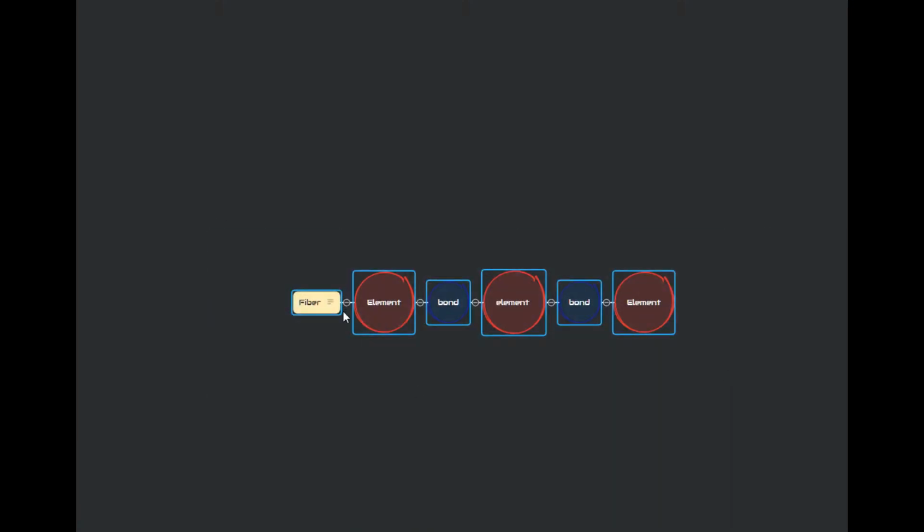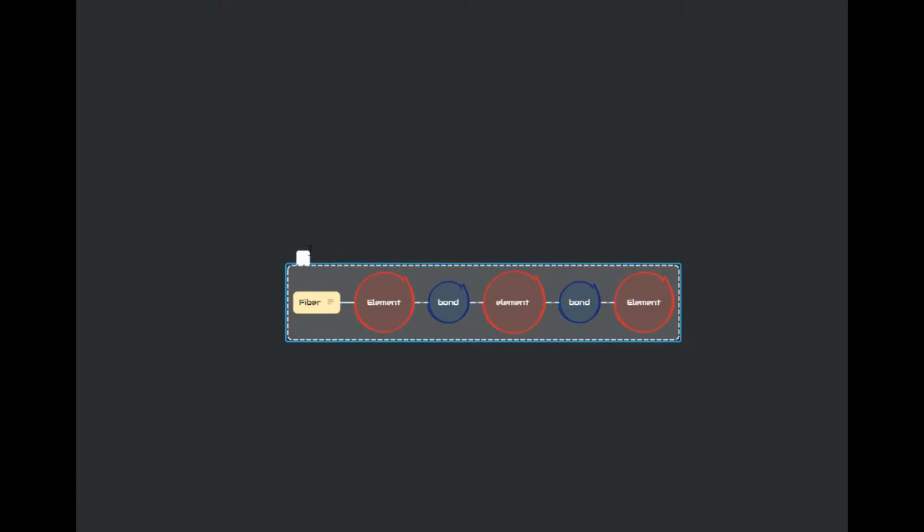So this is an example of fiber bonds. Okay. A fiber is a 1D element, not a plane.